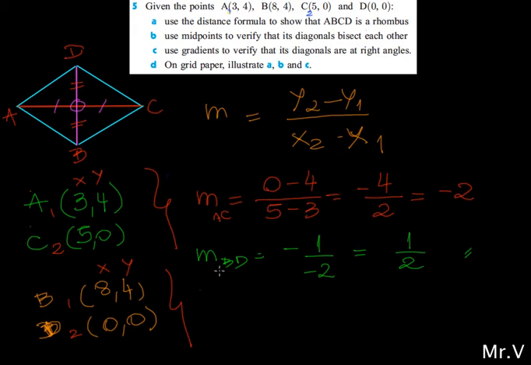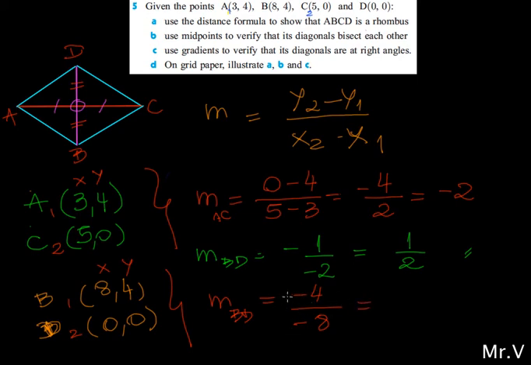Here the slope is going to be very easy to find because one of the points is 0, 0. Okay, so my y2 is 0 minus 4, so it's negative 4, over x2, that's 0, minus x1, that's minus 8, which becomes negative 8.